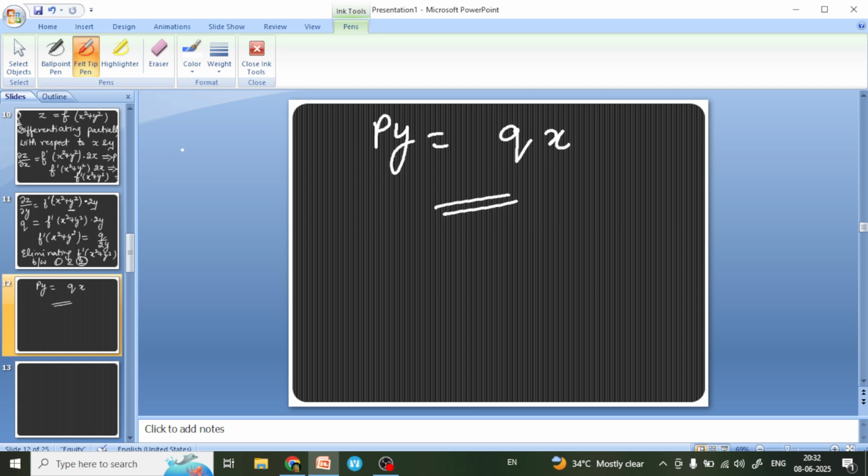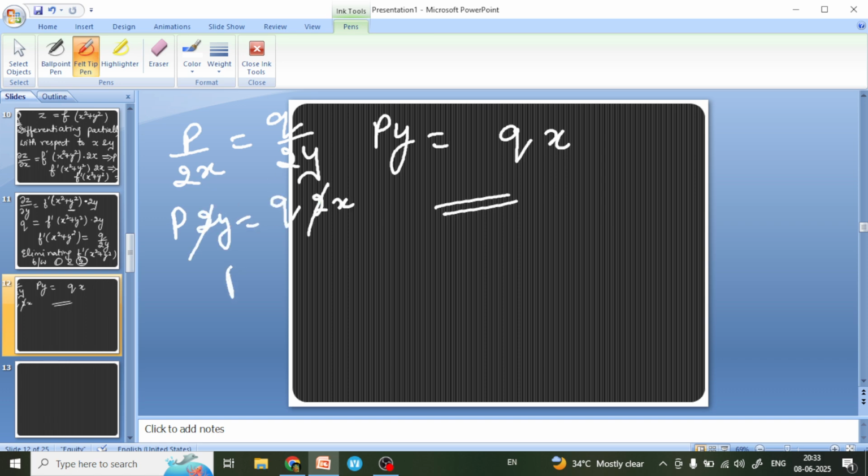How? It should be p over 2x equal to q over 2y, so p multiplied by 2y equals q times 2x. Cancelling 2 with 2, py is equal to qx is your final answer.